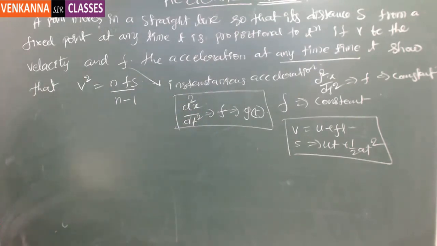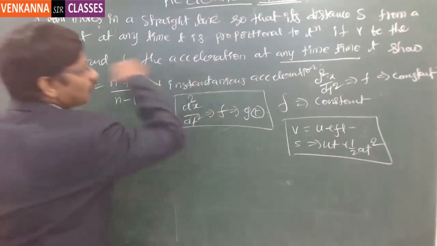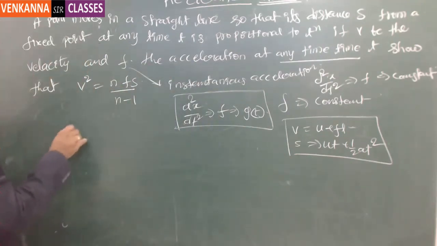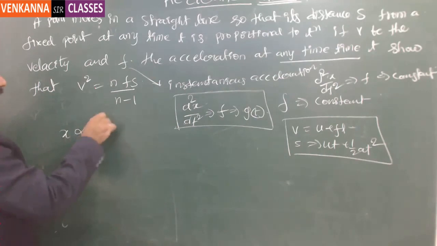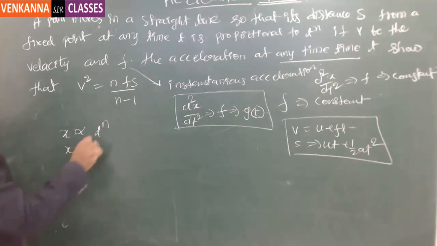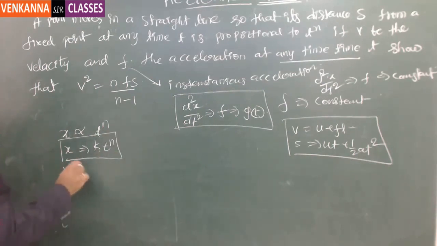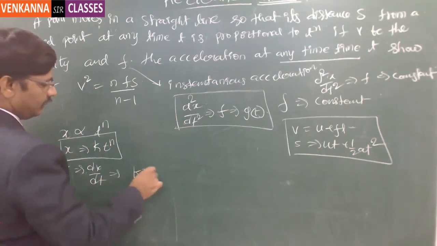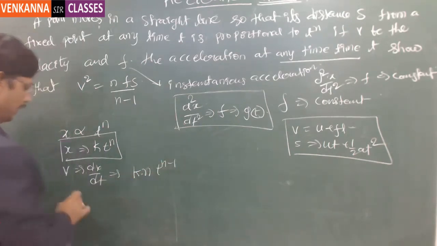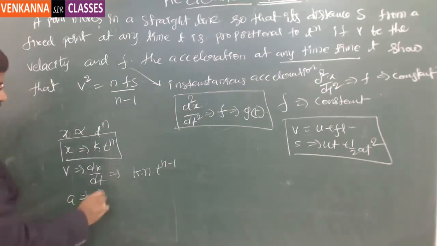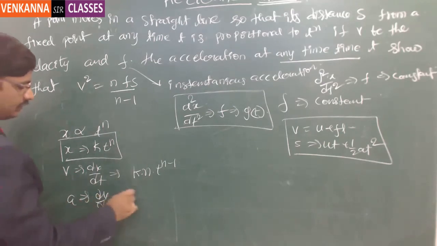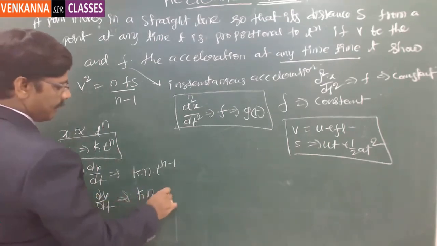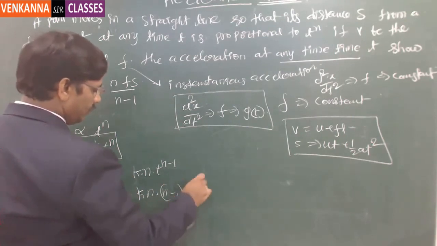This is just manipulating the equations, nothing more than that. What he said was x is proportional to t power n, or x can be treated as some k times t power n. Then velocity is equal to dx by dt, which is k times n into t power n minus 1, and acceleration is equal to dv by dt, which is kn into n minus 1 into t power n minus 2.